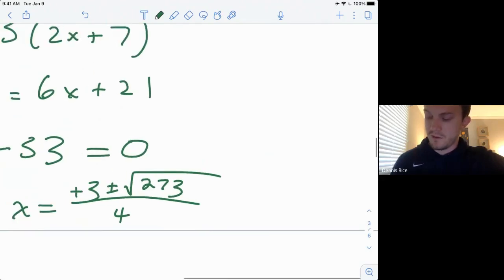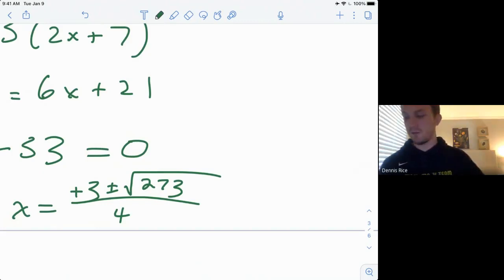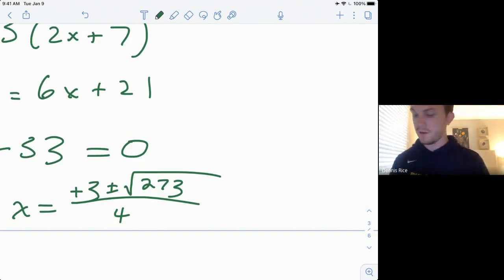Now, we don't even care about simplifying that. I'm not even sure if you could, to be honest, because we're doing it to the nearest decimal, right? So 3 plus radical 273, in parentheses or in your fraction, whatever you're comfortable with, divided by 4, and this is said nearest 10th. One answer would be 4.9. The other answer would be negative 3.4.